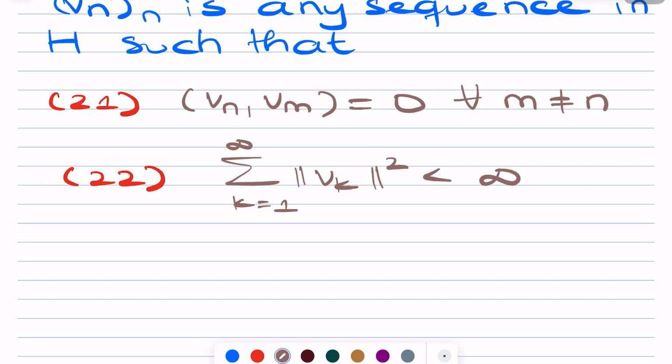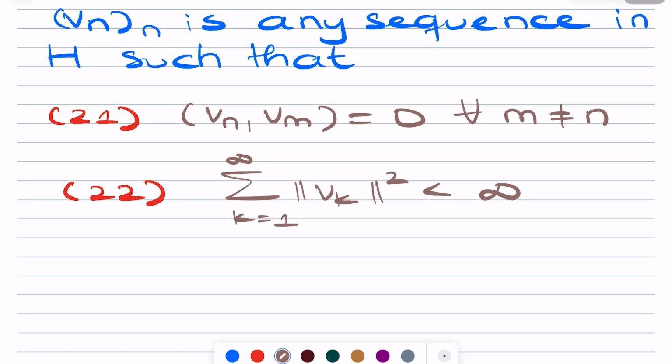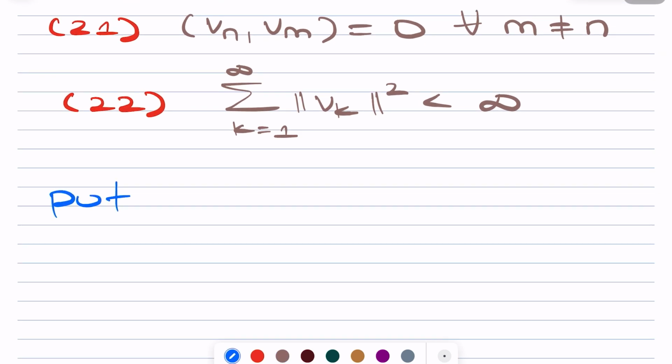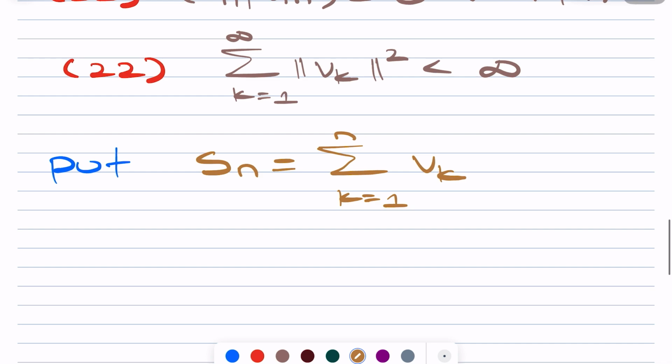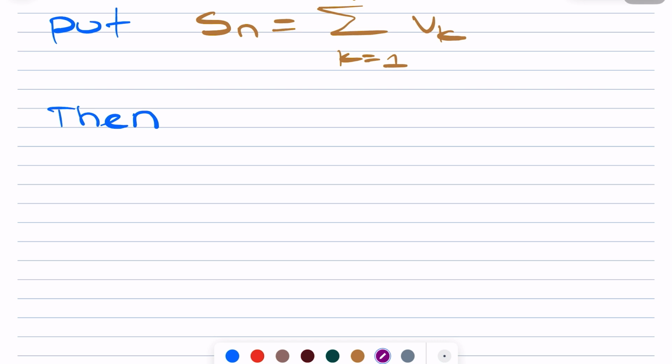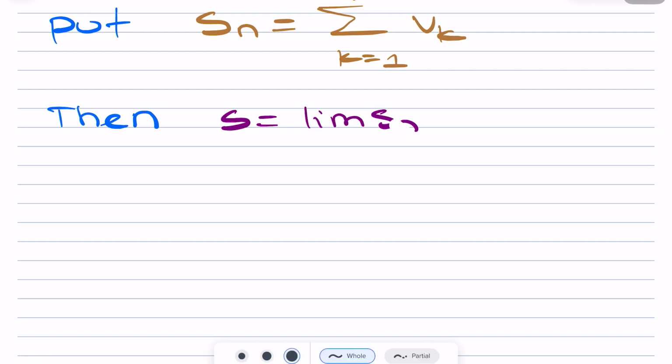So under conditions 21 and 22, if you put, let's call it Sn again, to be the summation of the vk running from 1 to n, then we can conclude that the limit that we call S, of Sn as n goes to plus infinity, exists.